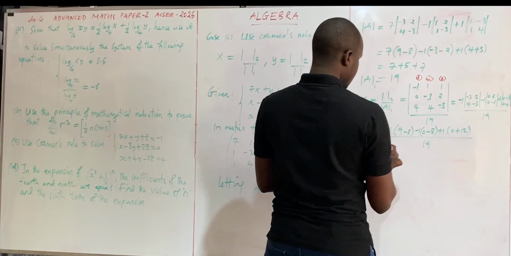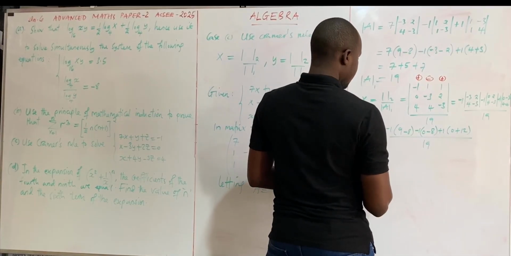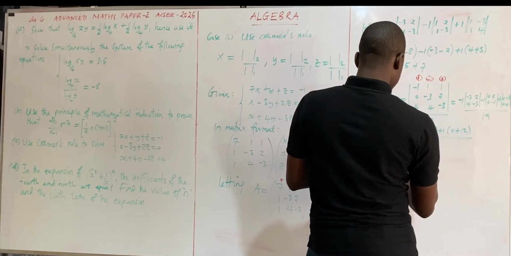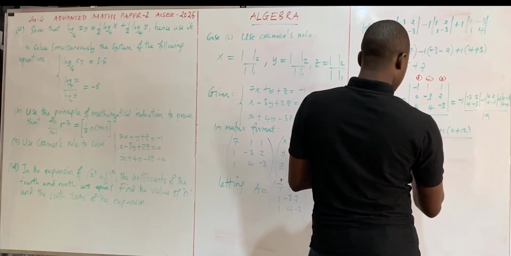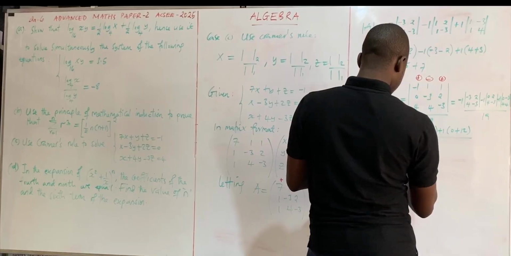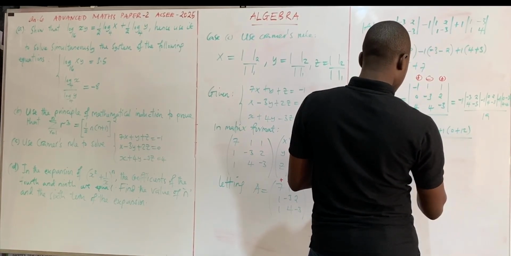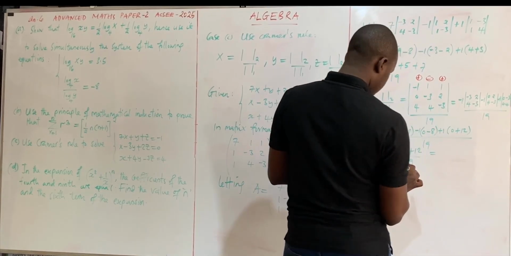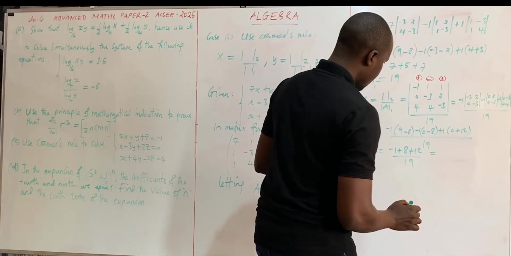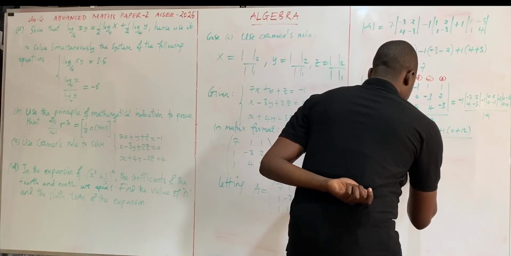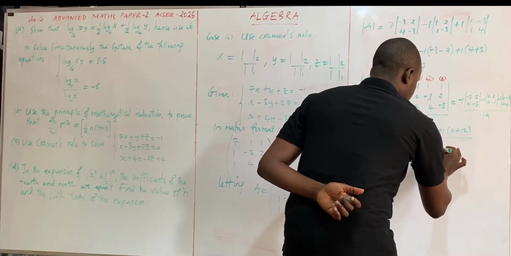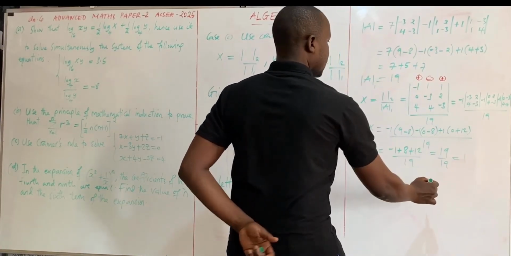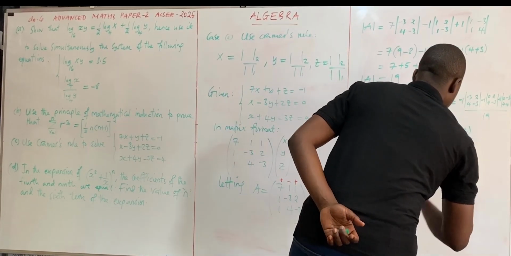So x becomes -1 times 1, then positive 8, and here is positive 8, and here now is 12 over 19. Here it becomes 7. So 19 over 19, that is 1. So x now is positive 1.